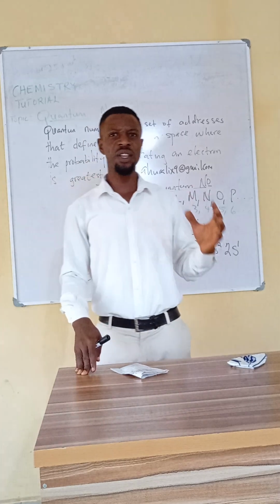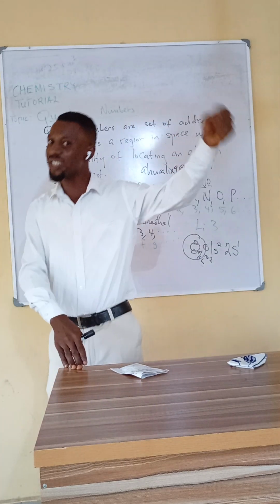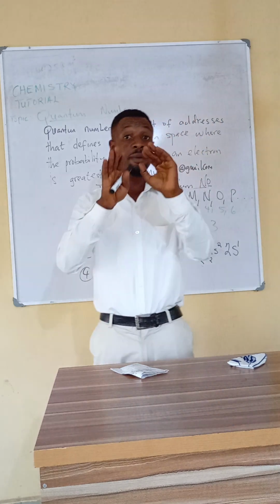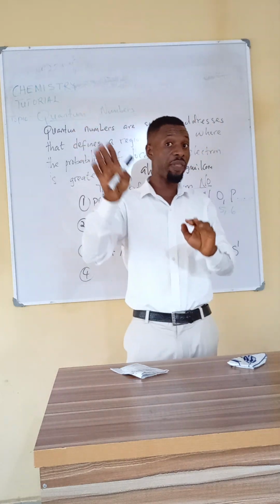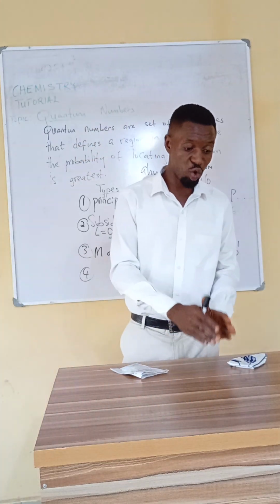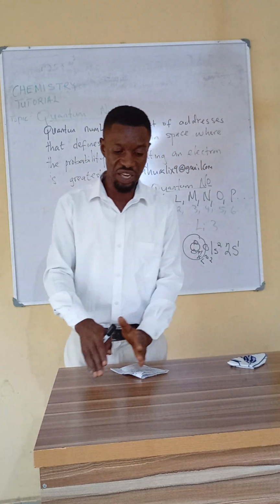And what are degenerate orbitals? Degenerate orbitals are sub-orbitals that have the same energy level. Remember, we had told you before that these degenerate orbitals are sub-orbitals that have the same energy level.